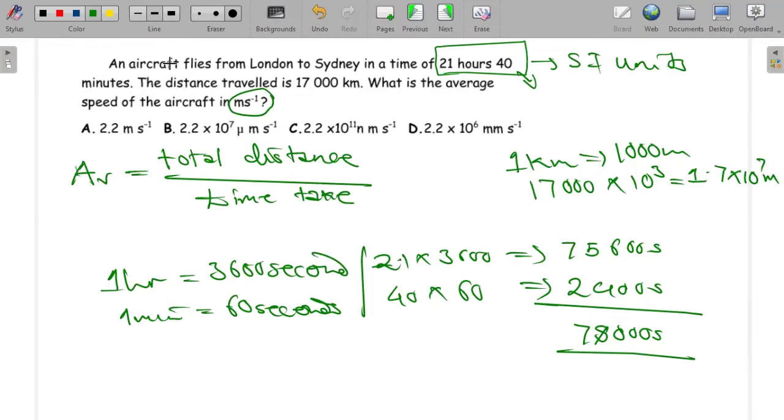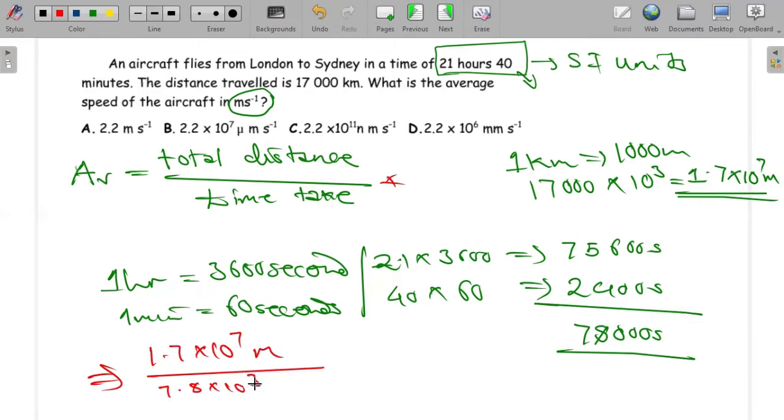Okay, so these are the two values we're going to use to find our average speed. We'll bring down the formula again, and the total distance, which is 1.7 times 10 to the power 7 meters, over 78,000, which is the same as 7.8 times 10 to the power 3 seconds.